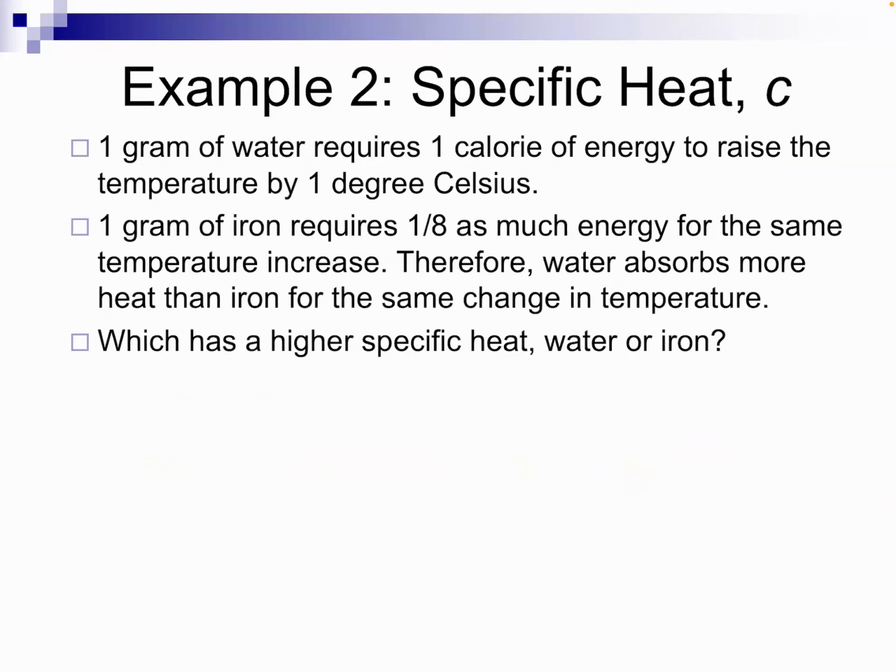Okay. How about if you have 1 gram of water and it requires 1 calorie to raise the temperature by 1 degree Celsius, and you have the same amount of iron, raise that to the same 1 degree Celsius, but it takes only 1/8 as much energy. So which has a higher specific heat, water or iron?